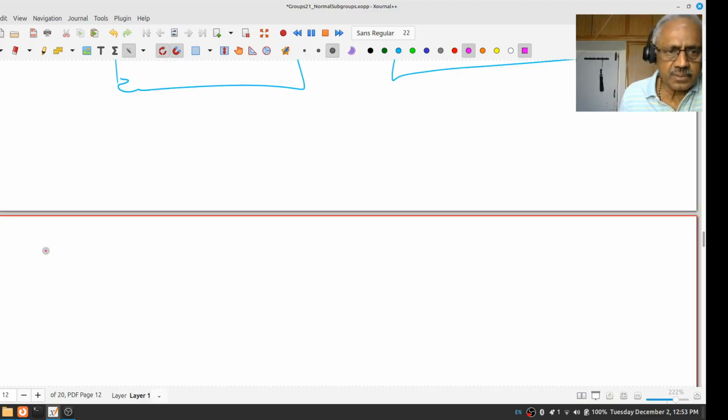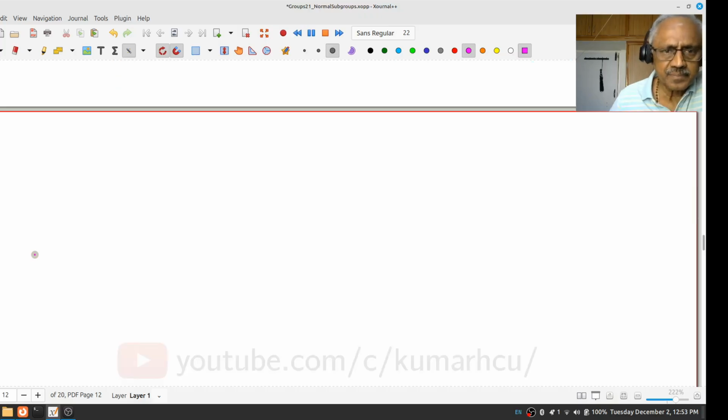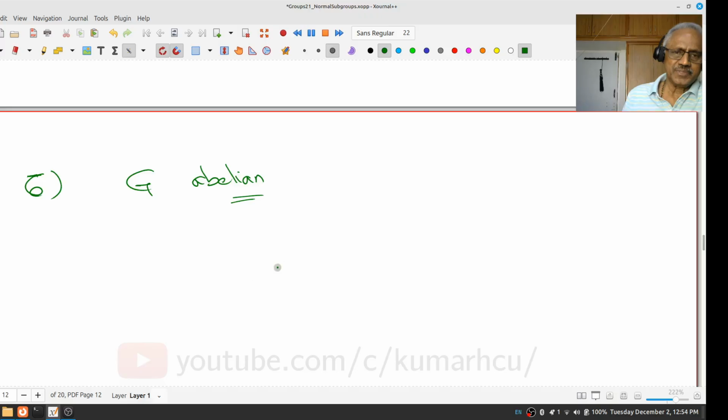Now let's go to some example again. Suppose this may be example 6. Suppose G is abelian. I should have said this much earlier, but I forgot. Suppose G is abelian, H is any subgroup. Then H is normal in G. Right?